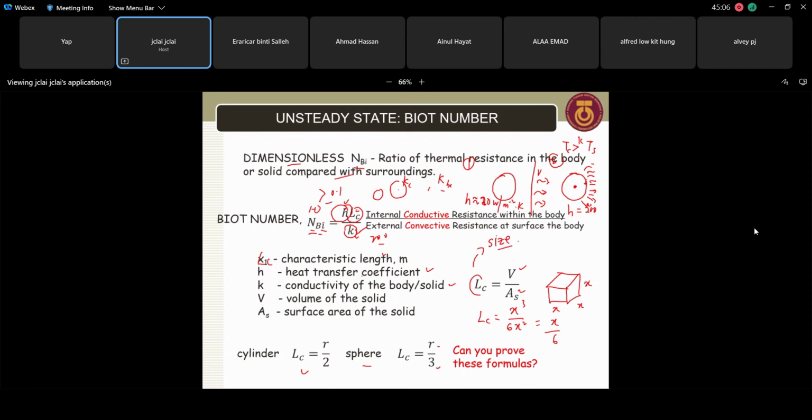Then you will not have a uniform temperature distribution over time. This is the reason. As compared to situation number one, where the H value is very low, the heat loss to the surrounding is at a slow pace, and at the same time the heat can be compensated by conduction, right?